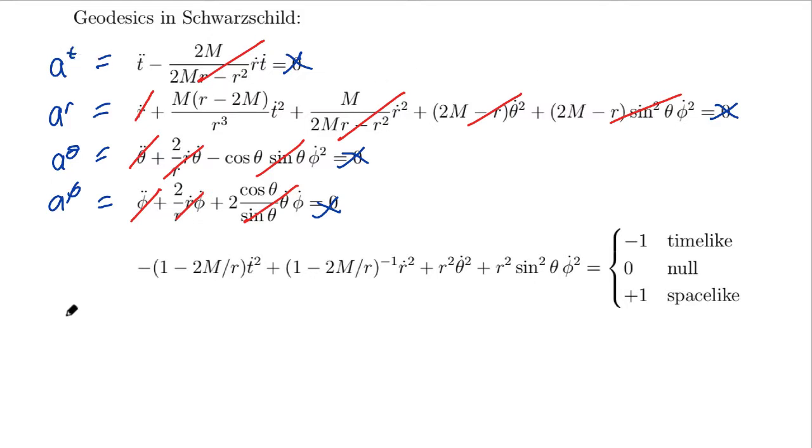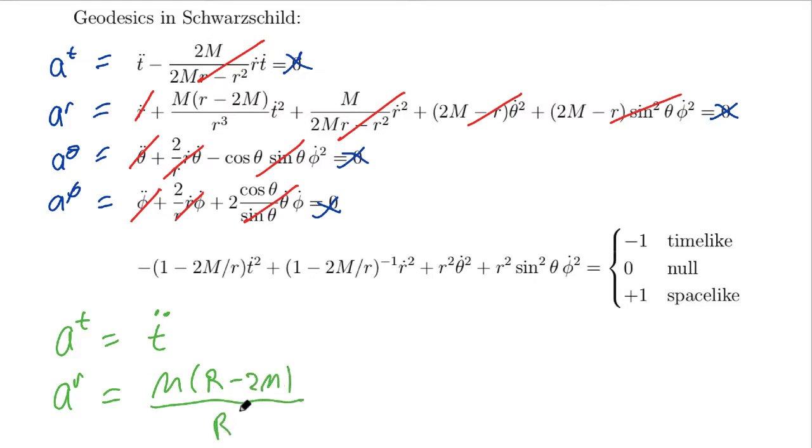So the t component of acceleration is equal to t double dot. The r component of acceleration is equal to m times, now little r is set equal to big R, (r minus 2m) over r cubed times t dot squared. And these two equations just tell us that the theta and phi components of acceleration are equal to 0.